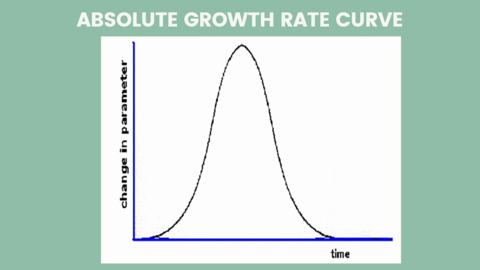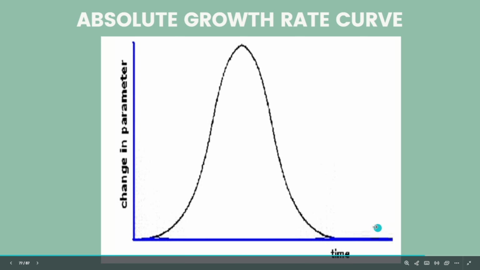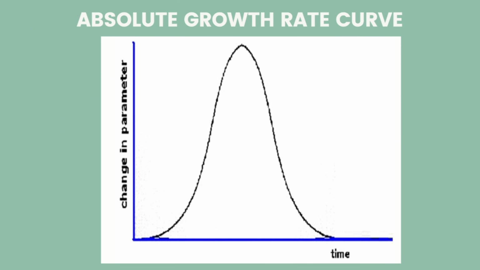Okay. After that, there is another curve we call the exotic growth rate curve. They add on the rate, so this means that you need to do a calculation of the growth rate. The growth rate is determined by the change in a specific parameter over time, meaning that your x-axis is still time, but the y-axis has changed, meaning it is the change in parameter.